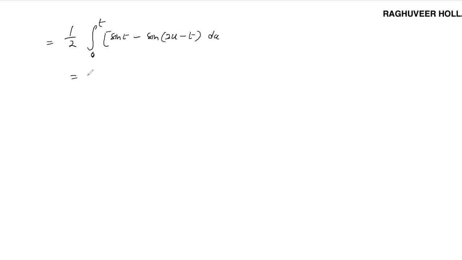So this is half of u sin t minus half plus half cos 2u minus t, u from 0 to t.